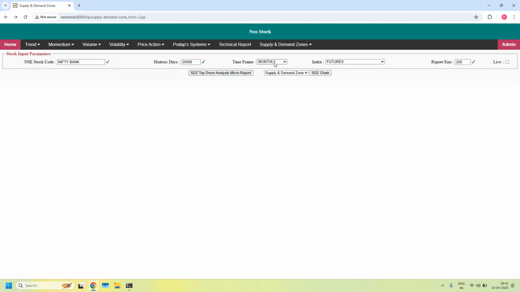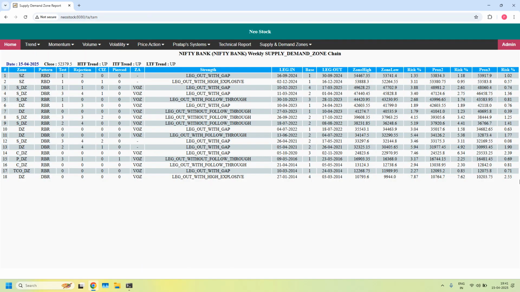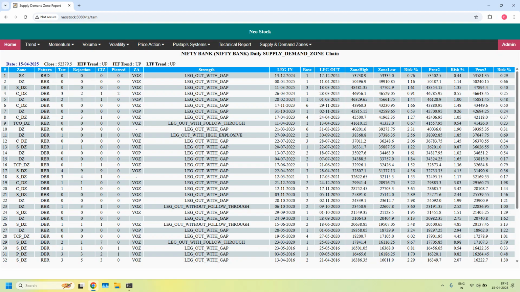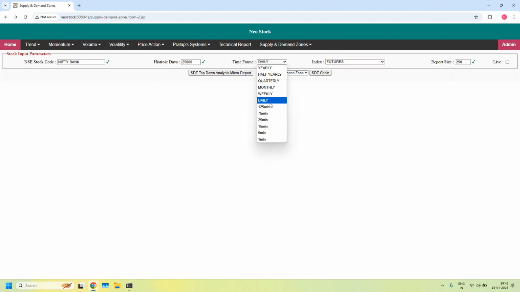Next, generating weekly supply demand zone chain for Bank Nifty. Next, generating daily supply demand zone chain for Bank Nifty. Next, generating 125 minutes supply demand zone chain for Bank Nifty.